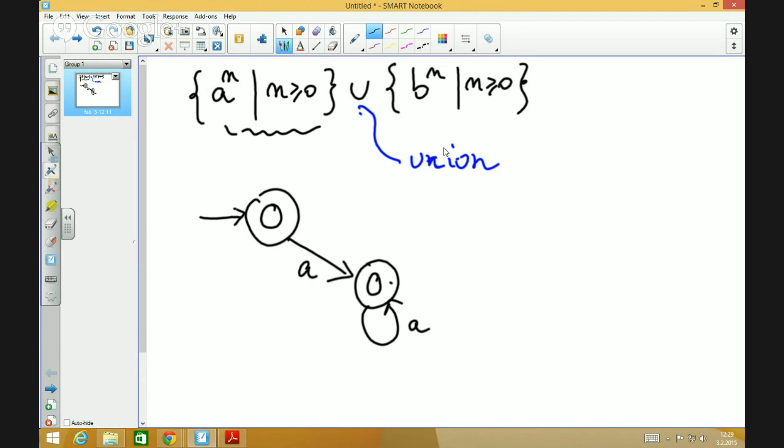We go to an accepting state. Do we go to one that we already have or a new one? We go to a new one. Why? Because we want to remember that from that state, we only want to see B's, no A's. And you would have a B loop there.